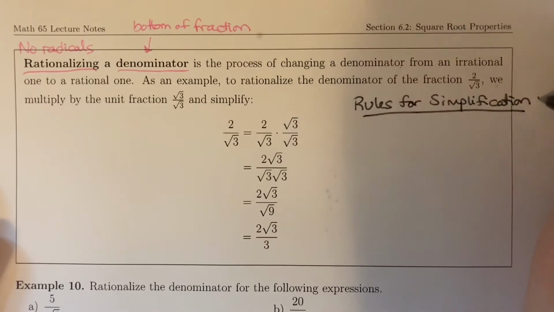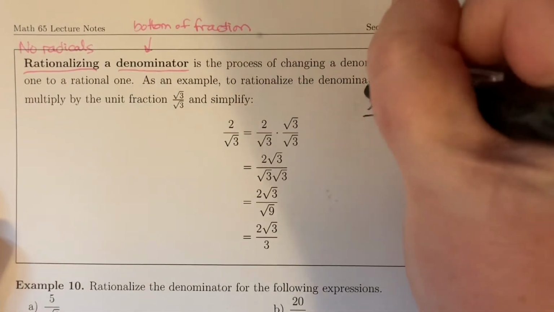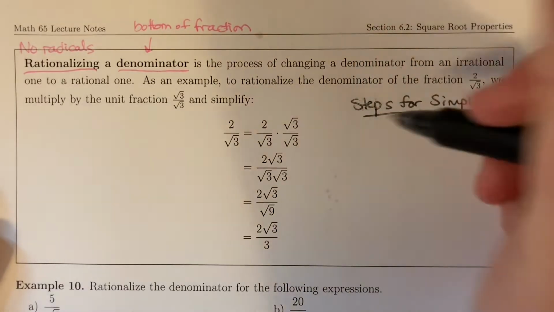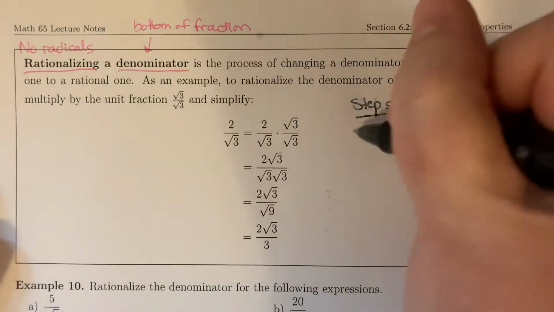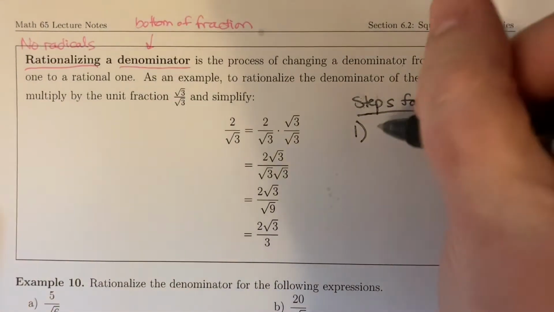All right, like what are the steps? What should we do? Maybe I even call these steps. I like steps rather than rules. Rules seems restrictive. So first step we should always take when we're simplifying a problem is to simplify our square roots, right?